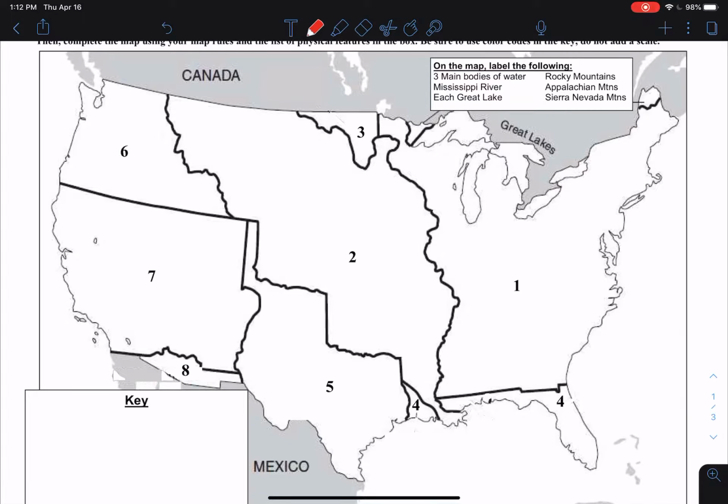Now, first thing I'll say is that you can easily pull up Google and type in blank map of U.S. territorial acquisitions, and you'll see a bunch of maps like this. Some of them will be blank, some of them will be filled, some of them will be color, but those are great tools to help you study as you're going along.